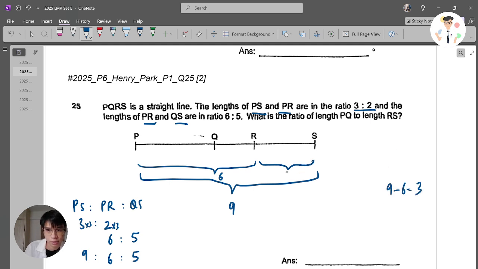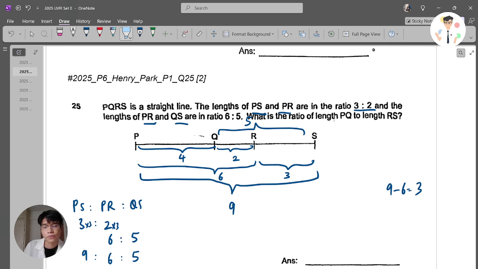Now Q to S is 5, which means here to here is 5. If here is 3 and here is 5, then here I know is 2. And if P to R is 6, Q to R is 2, then P to Q is 4. Then I have found out everything already.